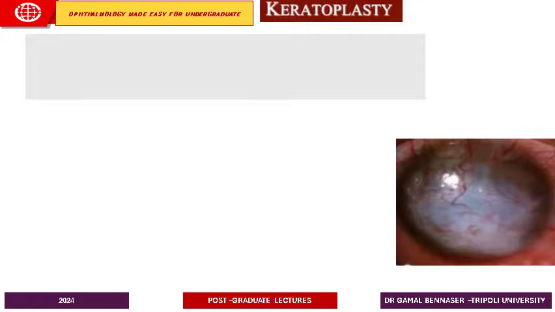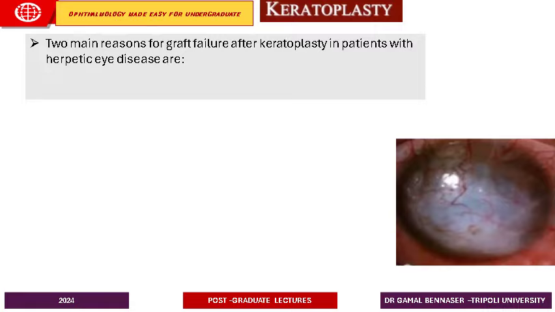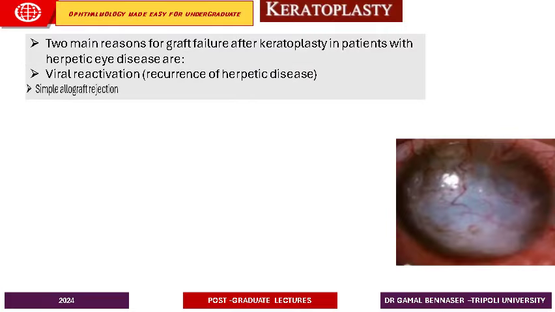Now we come to an important issue, which is the relation of herpes simplex keratitis, the recurrence, in a patient who underwent penetrating keratoplasty or lamellar keratoplasty. As you know, the main reasons for graft failure after keratoplasty in a patient with herpes simplex keratitis is either an immunological reaction, which is the allograft rejection, or an active reactivation of the viral keratitis itself, and the recurrence of the herpetic eye disease after keratoplasty.